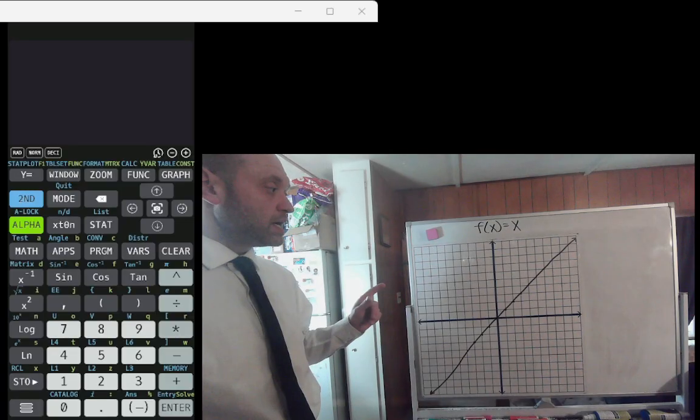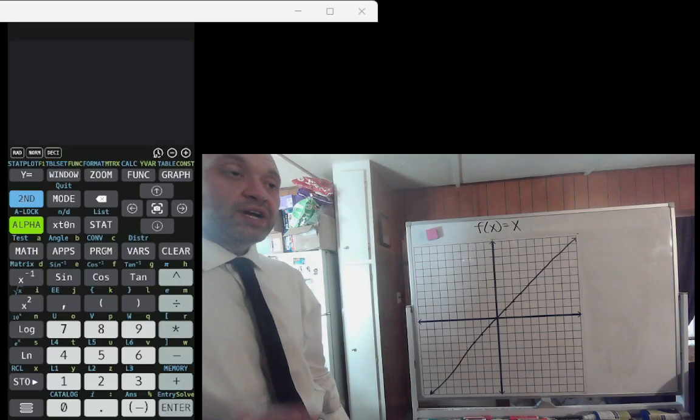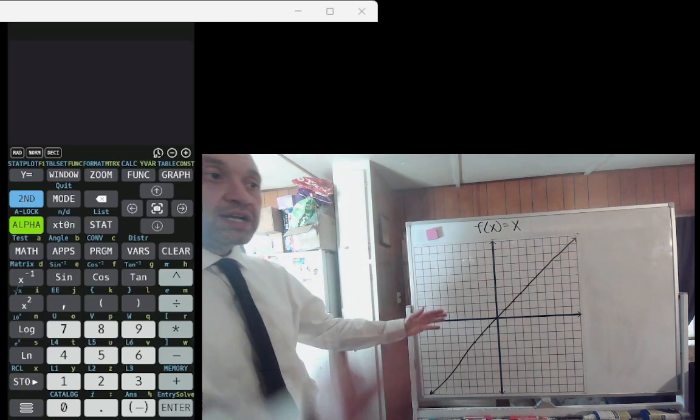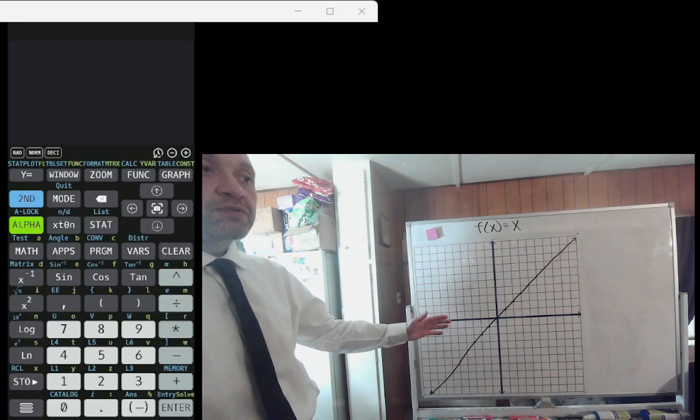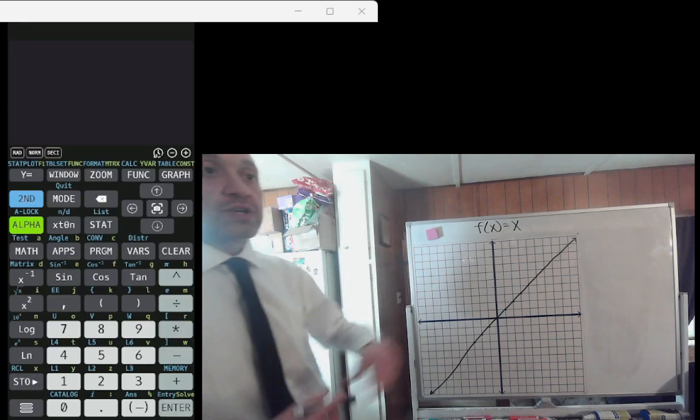Okay. So there's your standard graph of f of x equals x, right? It goes from -infinity to infinity for your x values. Every time you put in one more value of x than the last one, your y value keeps increasing.